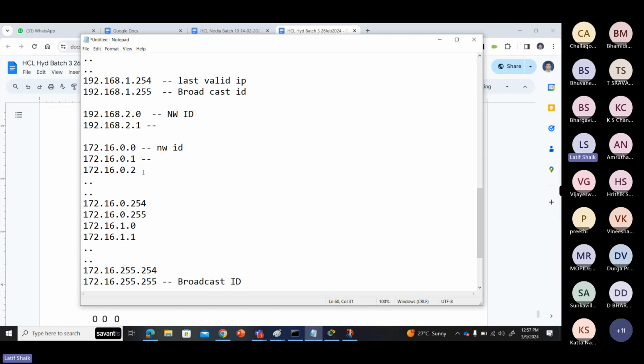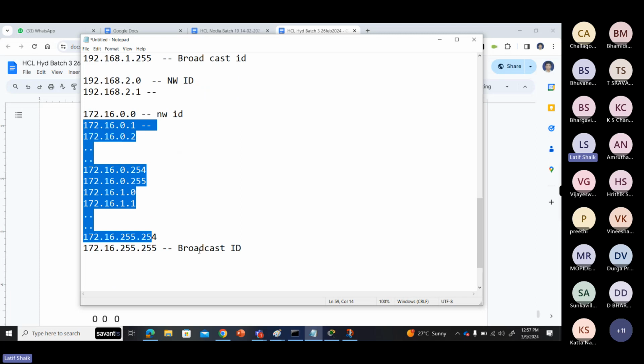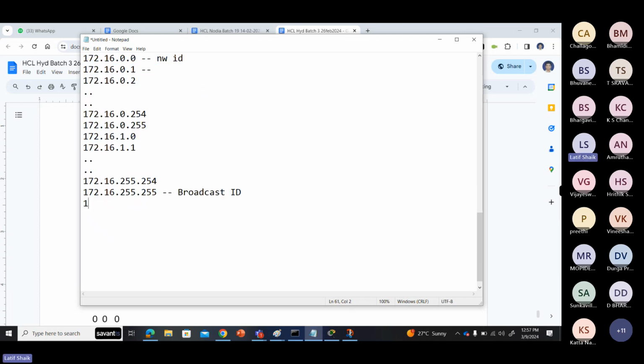This is the network ID. This is the broadcast ID. From here to here, it is the same network only. If you write the next one, automatically it is 172.17.0.0, which is another network ID. You can see the network is different.